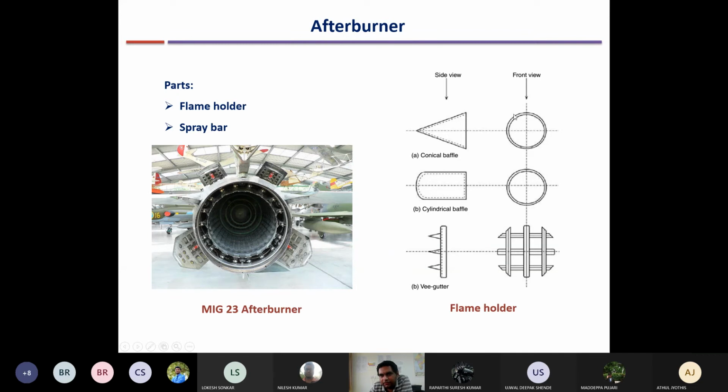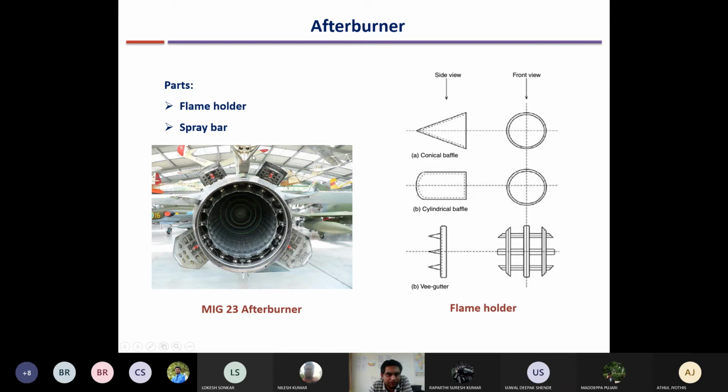A conical baffle will look like this. You can place it here, and the air passes through it, and a region of low velocity is developed. Similarly, within these V-shaped regions, low velocity regions are developed, which hold the flame and sustain the combustion. And you get very high temperature, which is then passed through the nozzle.